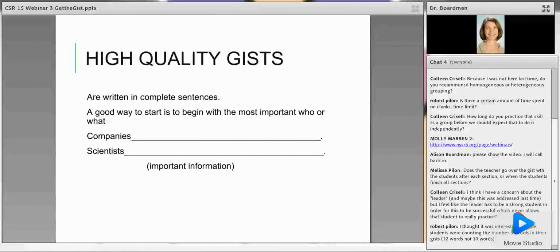So here we have a reading intervention, a reading model that has a lot of talking and a lot of reading, helping kids comprehend the text, and we are also improving their writing.